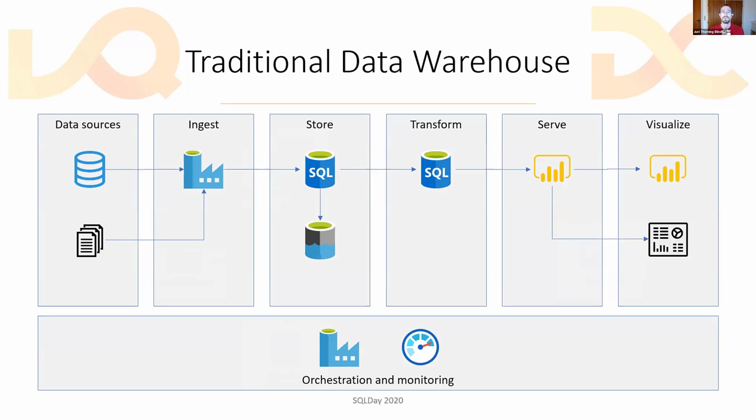We use Data Factory as ingest engine, and then we store the data in a SQL data warehouse, transform the data in the SQL data warehouse, and then serve it as part of the analysis services engine in Power BI and visualize it in Power BI, but also in other solutions like Excel, for instance. Or if you want, you could use Tableau, Qlik, or another client tool that can connect to analysis services. And then we can use the data lake for archiving our data.